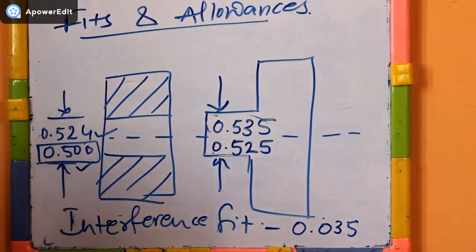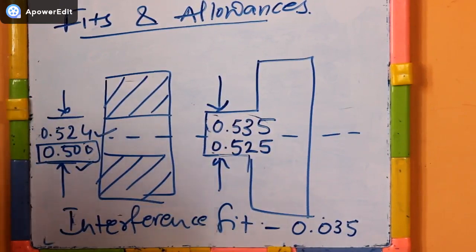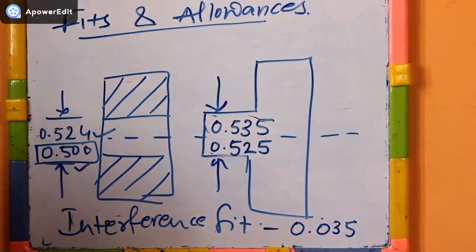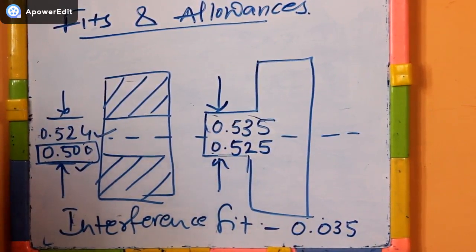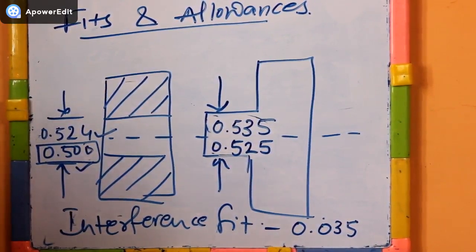So this is all about the fits and allowances, where three types of fits are generally utilized to specify the GD&T drawing. One is clearance fit, second is interference fit, and third is transition fit.